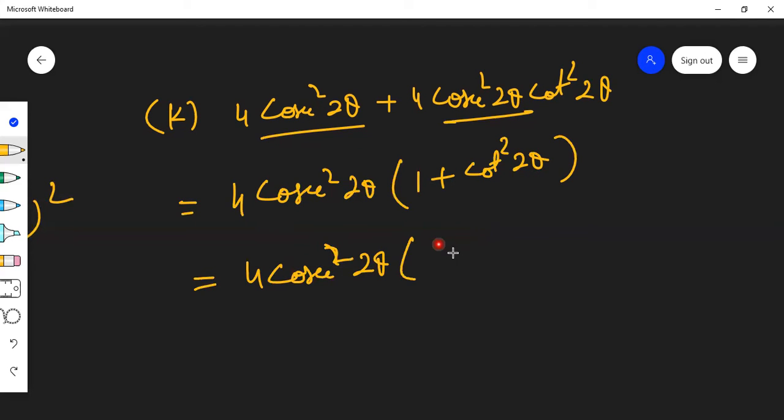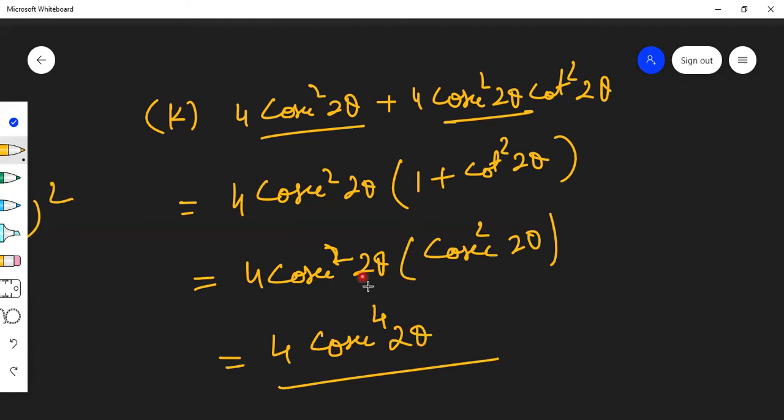So inside the bracket it is cosec square 2 theta; 1 plus cot is cosec. Cosec square times cosec square becomes cosec to power 4. So this can be written as 4 cosec to power 4 of 2 theta. The angle 2 theta will remain 2 theta only. This is the expression simplified in this way.